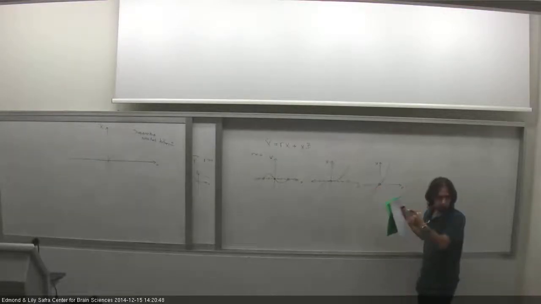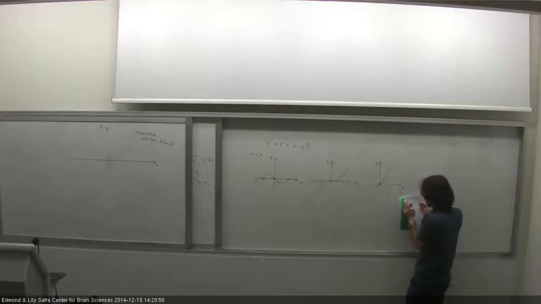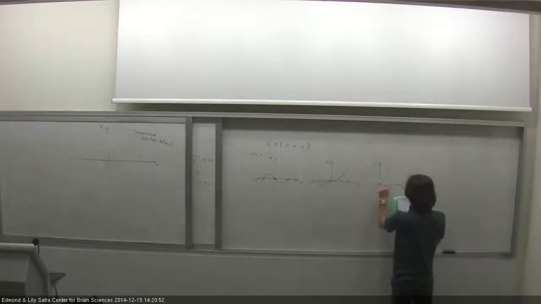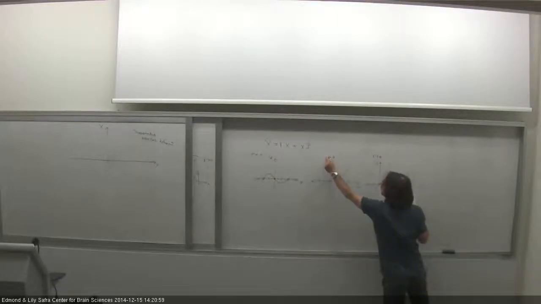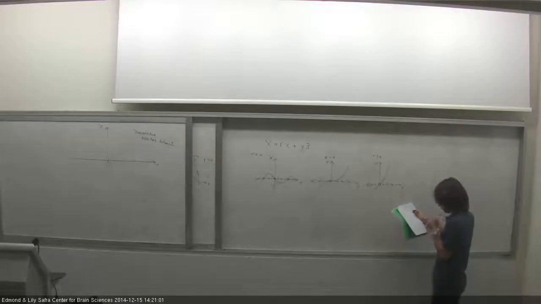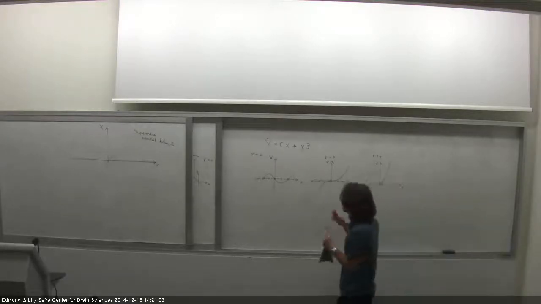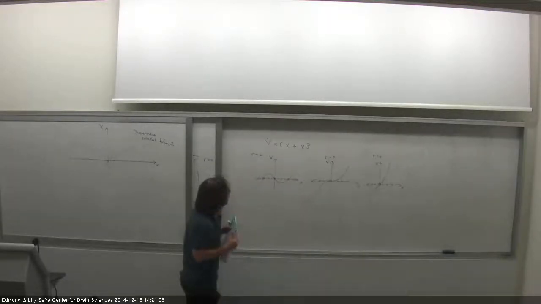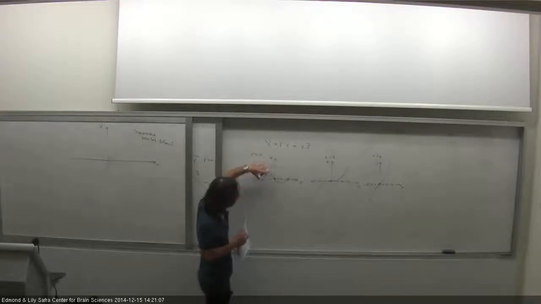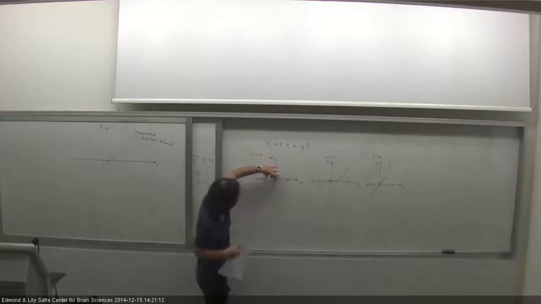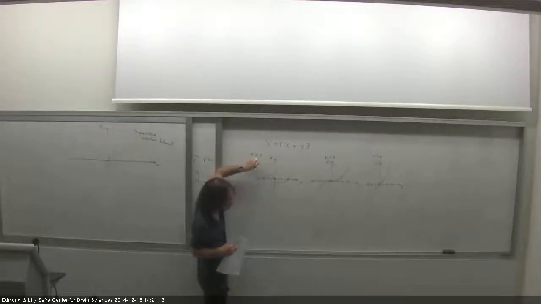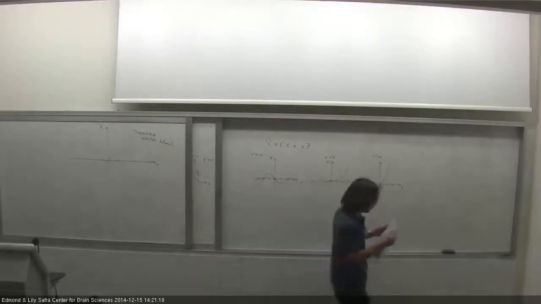It's just a mirror image of what we had before. Okay, and you can see that our linear term saves us from the complete destabilization in the vicinity of 0, when r is small, when r is negative.